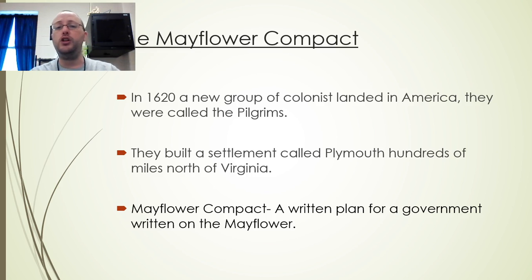In 1620, a new group of colonists called Pilgrims landed in America. They built a settlement called Plymouth, hundreds of miles north of Virginia, and this is where the Pilgrims were going to land. And they wrote the Mayflower Compact. Now, there's a video on Google Classroom called the Mayflower Voyages, by Charles Schulz, who makes the Peanuts cartoons.